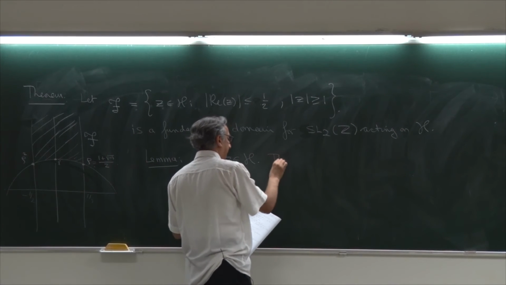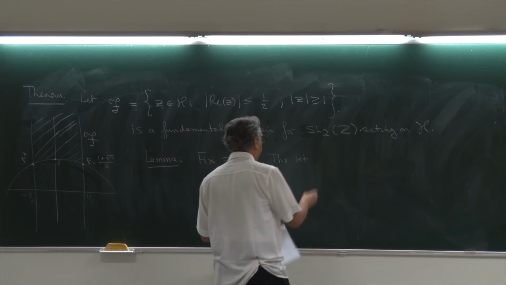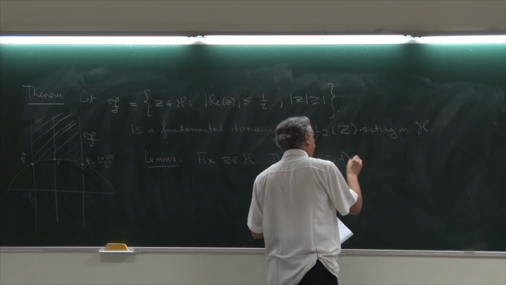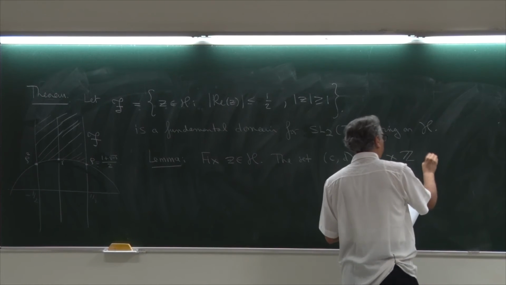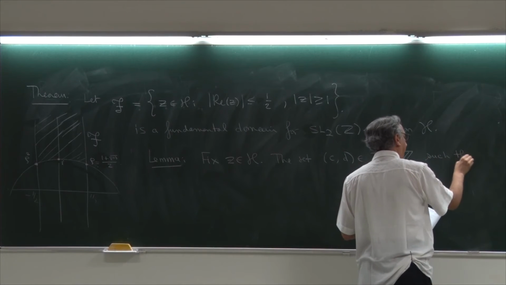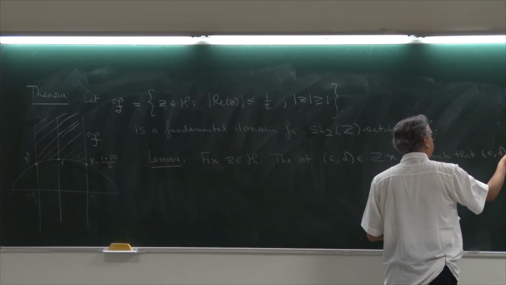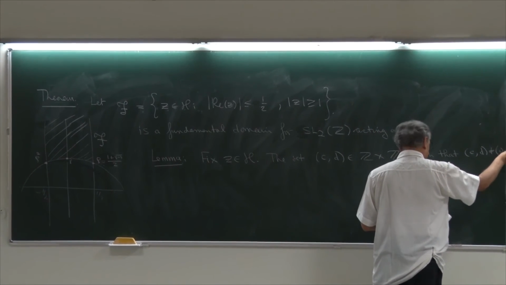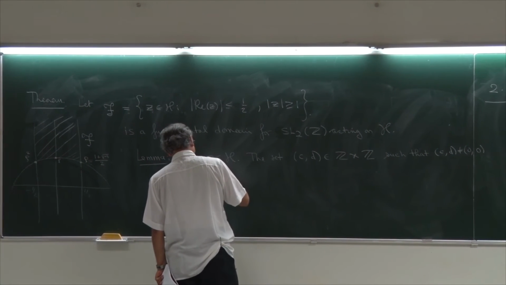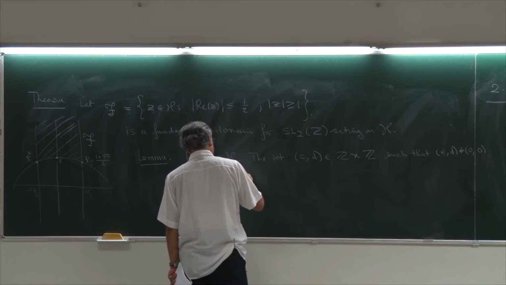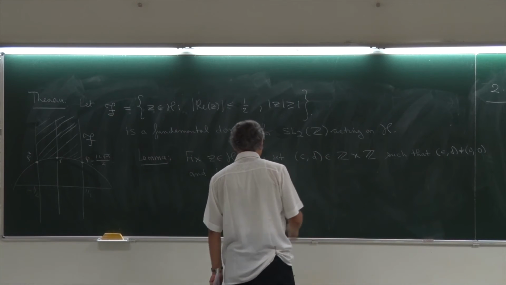The set of integer pairs (c, d) with mod cz plus d less than or equal to 1 is finite and non-empty.